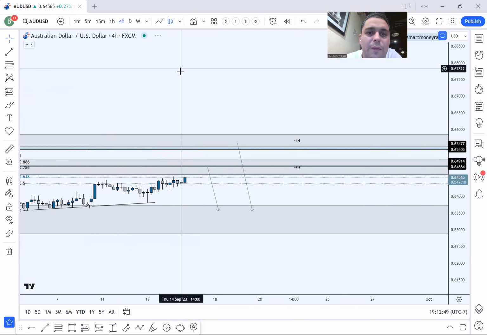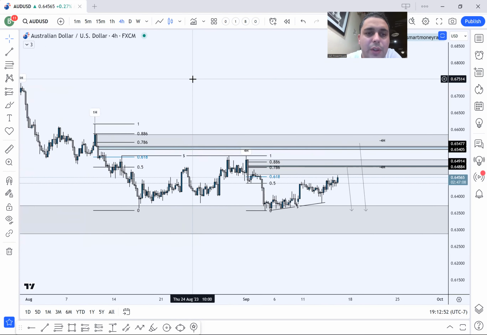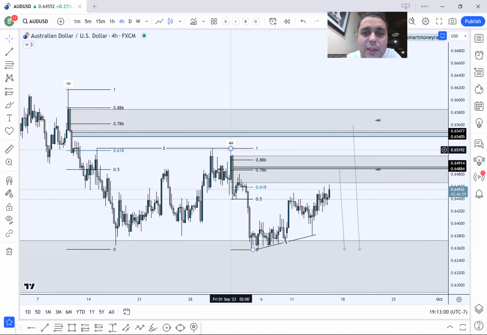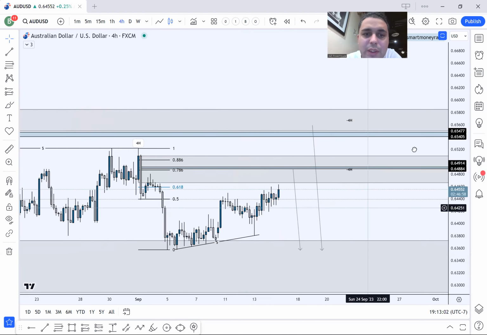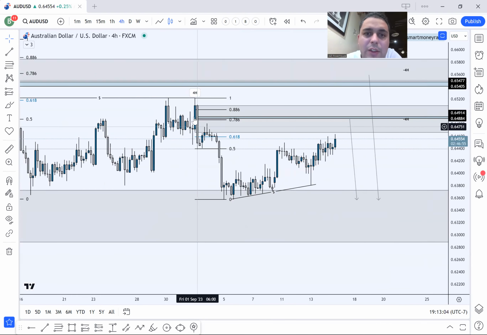On the 4 hour, you can see the market structure a little bit better. Here's a high, here's a low, lower high, lower low. The reason I'm focused here is because this is the most recent valid structure. And here's a pretty nice 4 hour institutional candle, that last up candle before the buy.